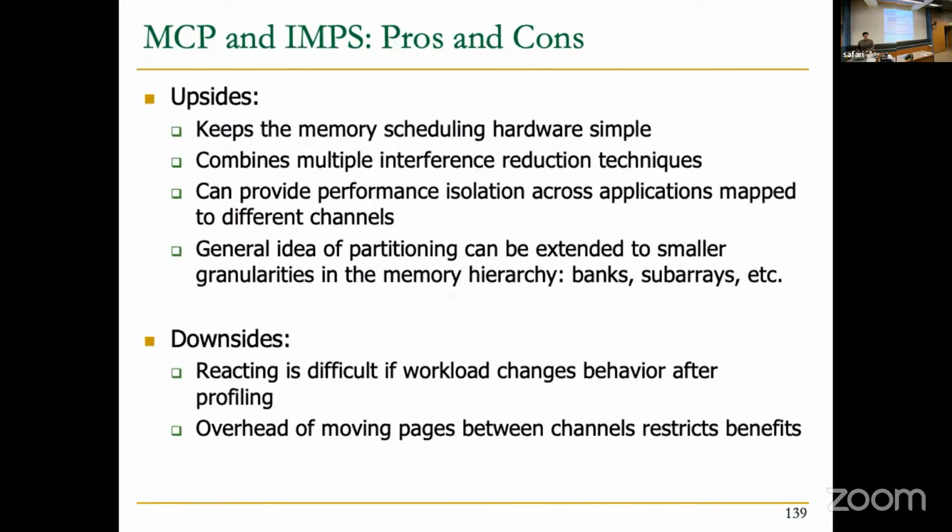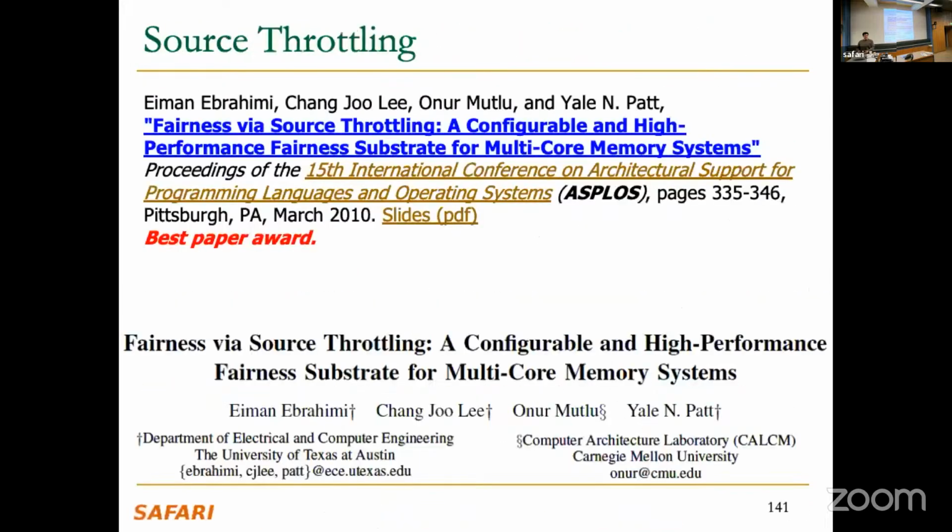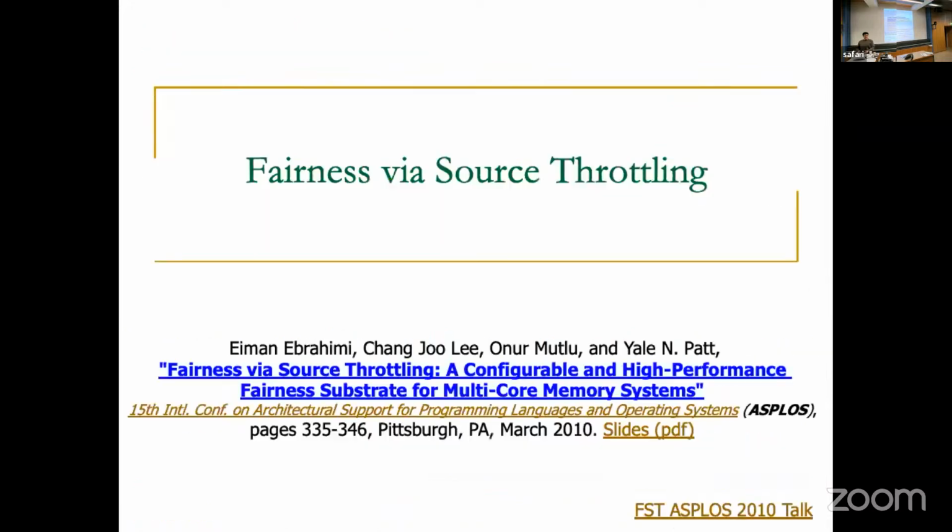So that involves a lot of data movement, and it restricts your benefits. You don't really want to move data, and you don't really want applications to change behavior that often, but we know that's not the case, right? There's more on memory channel partitioning in this paper.